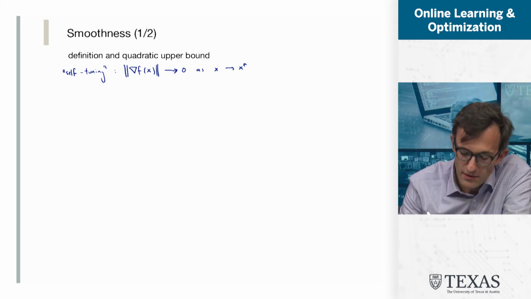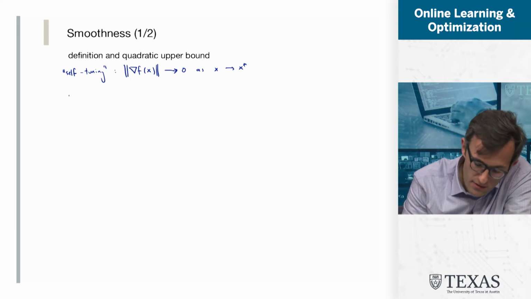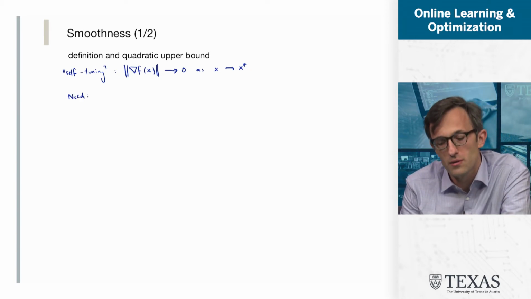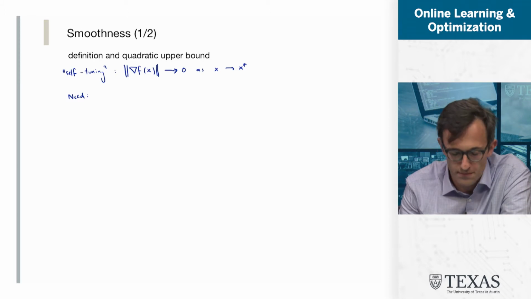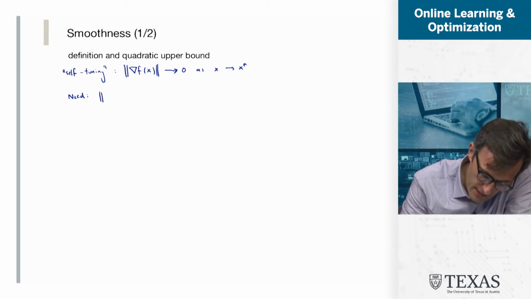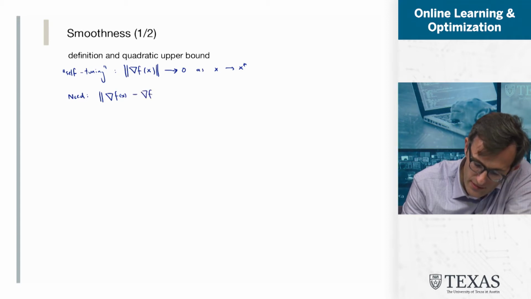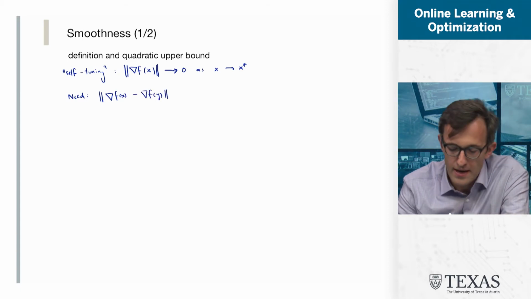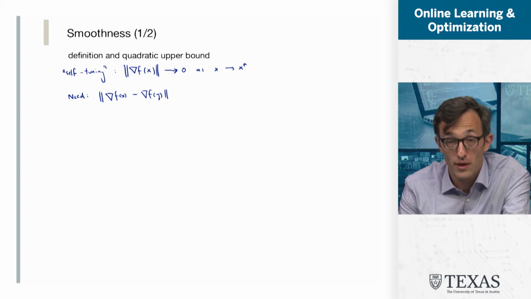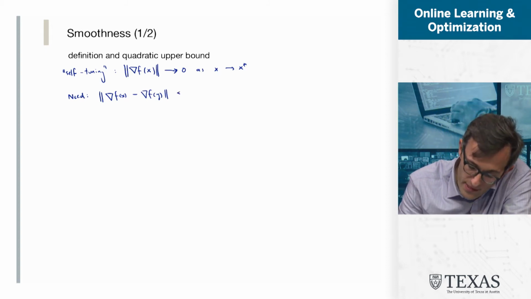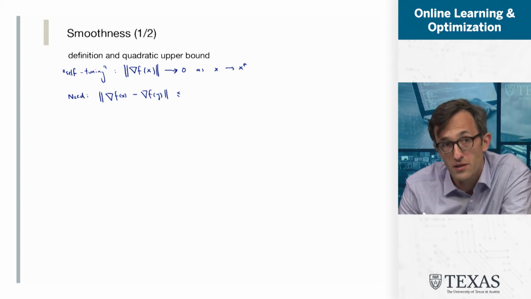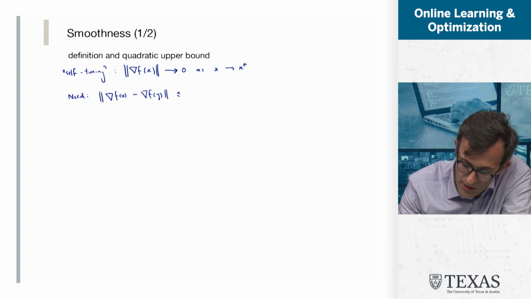What we really need here is that the gradient doesn't change too much when x doesn't change too much. We can write this as the gradient of f of x minus the gradient of f of y. How does this compare to the change between x and y? Saying that the gradient doesn't change too much when x and y don't change very much is exactly like writing something like this.